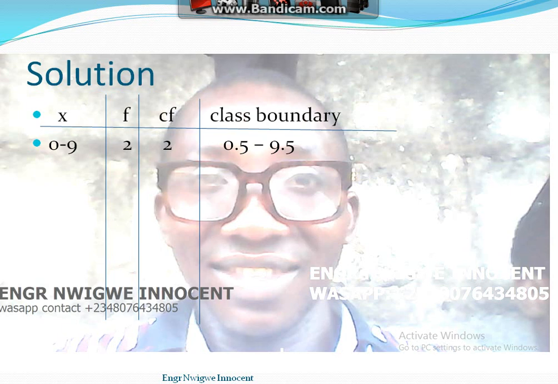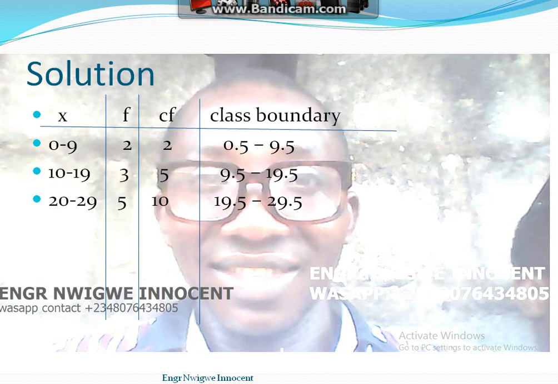Then when S is from 10 to 19, the frequency is 3. The cumulative frequency is 2 plus 3, which gives us 5. The class boundary is 9.5 to 19.5. When the mark S is from 20 to 29, the frequency F is 5.